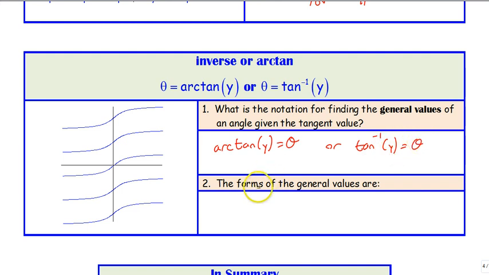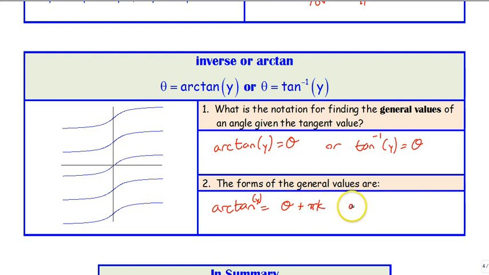And the form for the general value for this is arctan of y equals theta plus pi k only, because it only takes pi to repeat it.